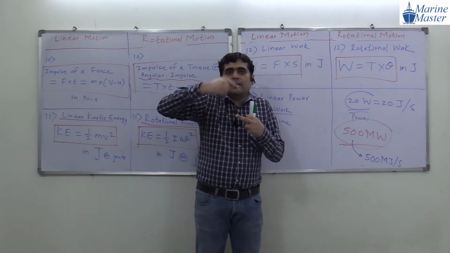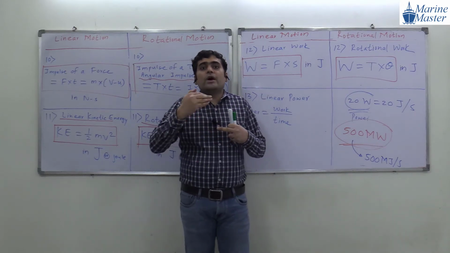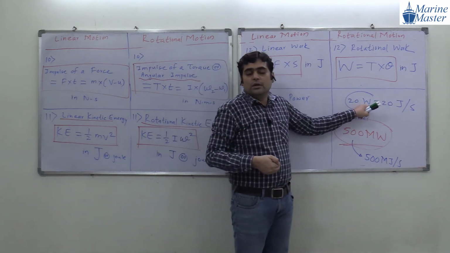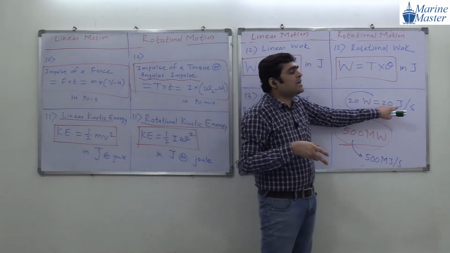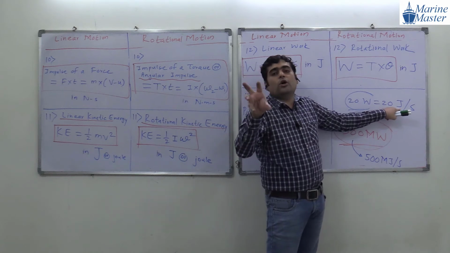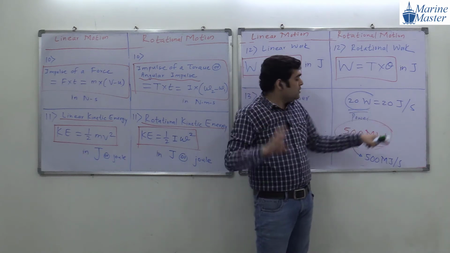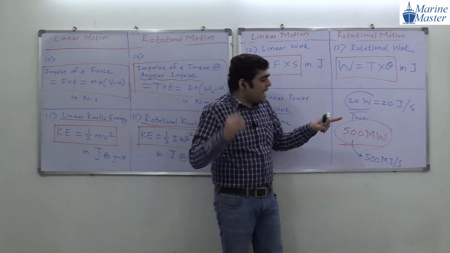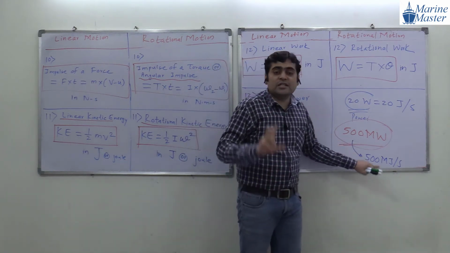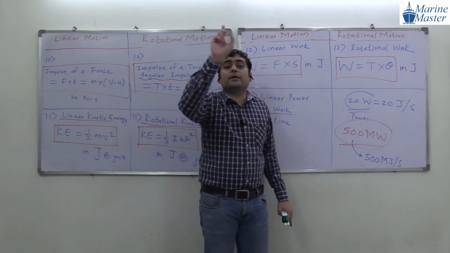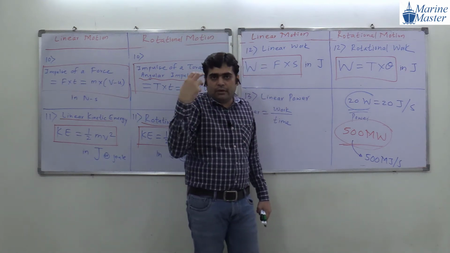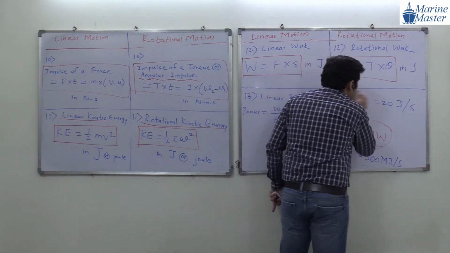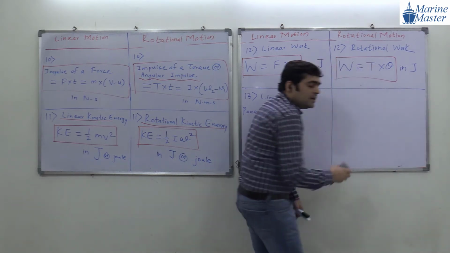A 20 watt bulb means in every second that bulb is consuming 20 joule of electrical work. If a power plant is 500 megawatt, it means in every second that power plant produces 500 megajoule of work. Everyone getting my point? Try to see the scenario here. So power means work done per unit time.